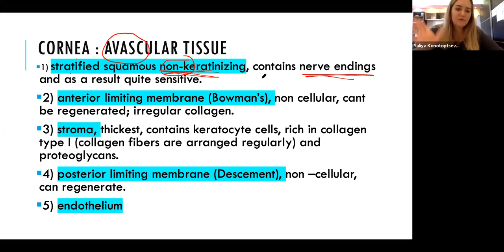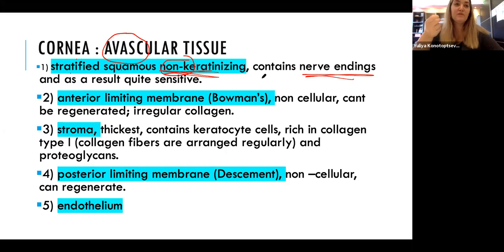In physio, if we weren't in the middle of the pandemic, you would have had a lab where you take a Q-tip, right? And you try to swipe the cornea. You just try to touch it. And what happens as a result? Your eyelids close. It's the palpebral reflex, right? Palpebral refers to your eyelids.